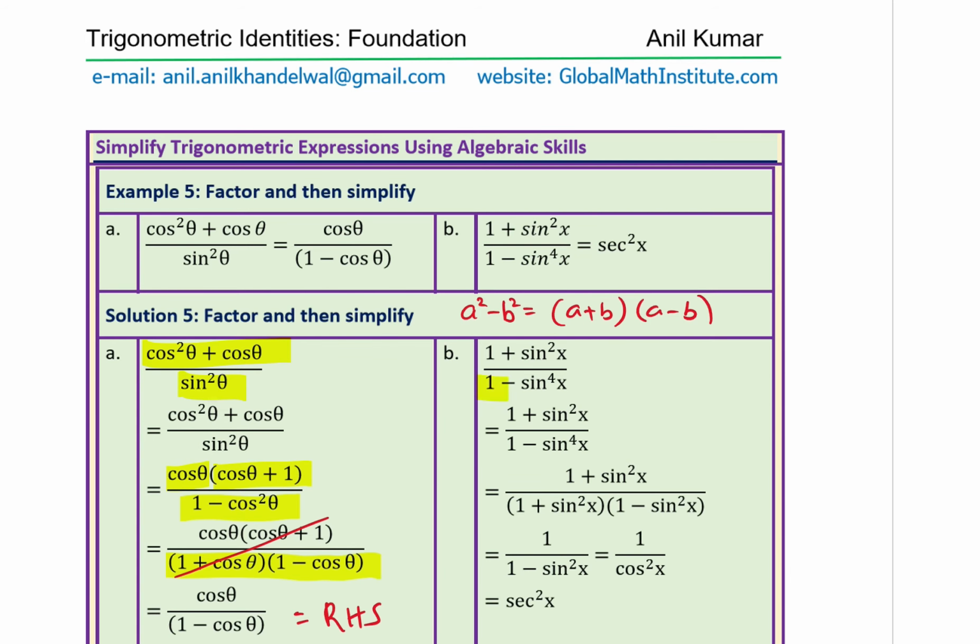The denominator, which is 1 minus sine to the power of 4 x, can now be written as the sum and product: (1 plus sine square x) times (1 minus sine square x). Now clearly (1 plus sine square x) cancels. Once you cancel that, you get 1 over (1 minus sine square x), which, using the Pythagorean identity, is 1 over cos square x, and 1 over cos square x using the reciprocal identity is secant square x. You may write the reasons also, correct? As you can see here.